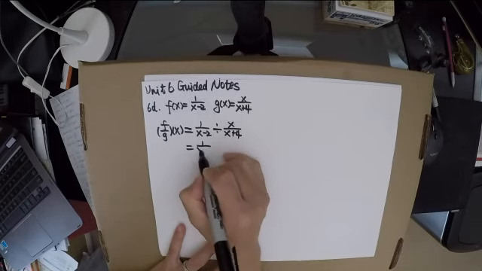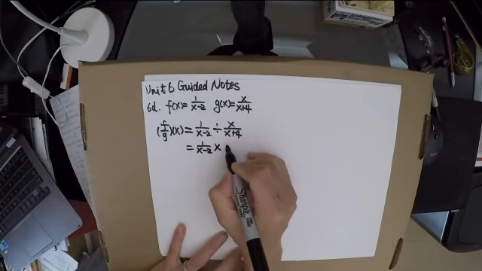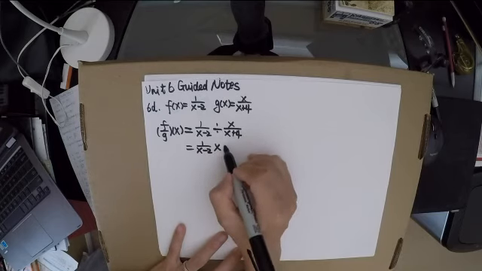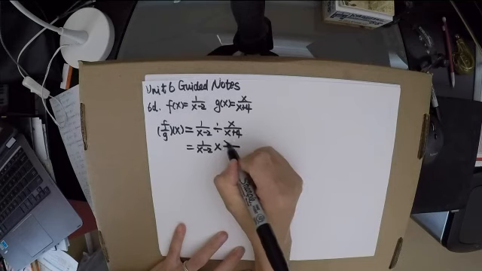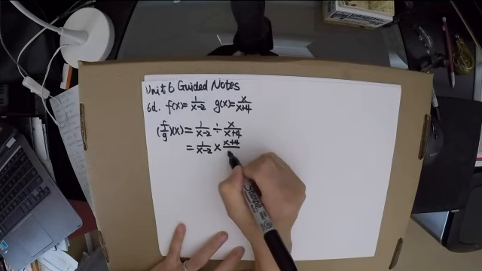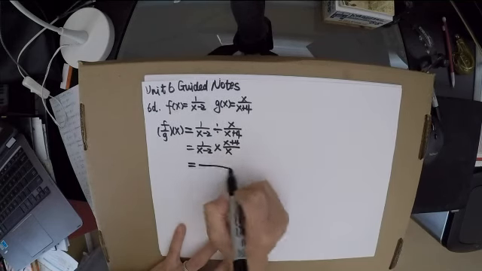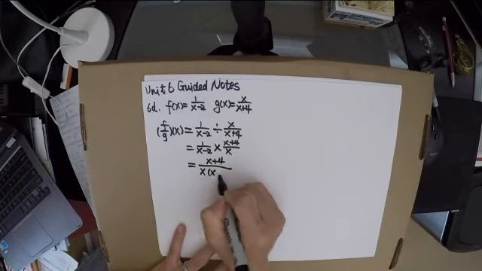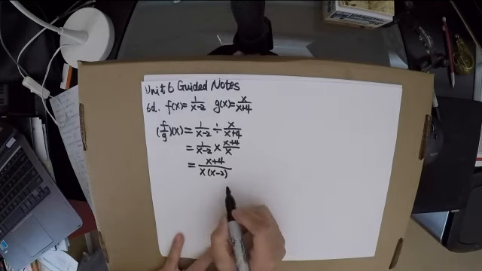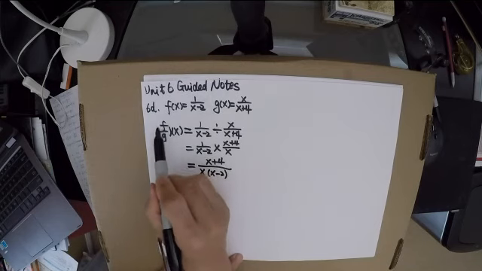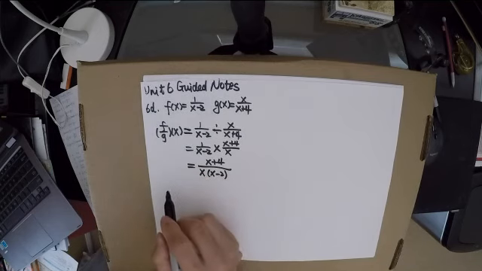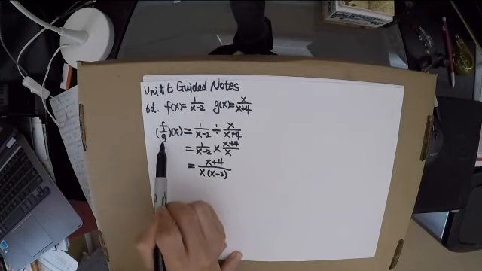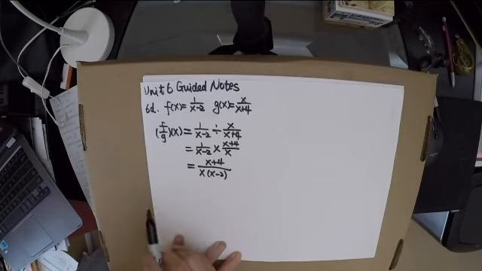equals 1 over x minus 2, multiply by the reciprocal. The first stays the same, the second flips, you get its reciprocal. Okay, so overall it becomes x plus 4 over x times x minus 2. So the domain of the resulting function will be the domain of f, the domain of g, and also the domain of f over g.